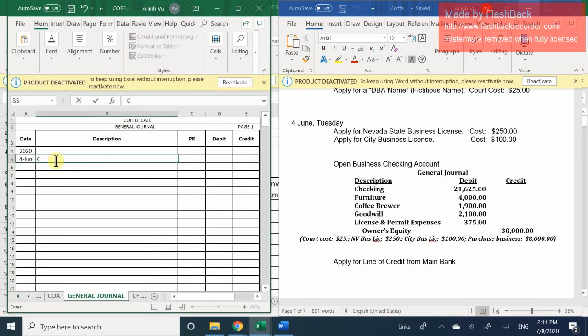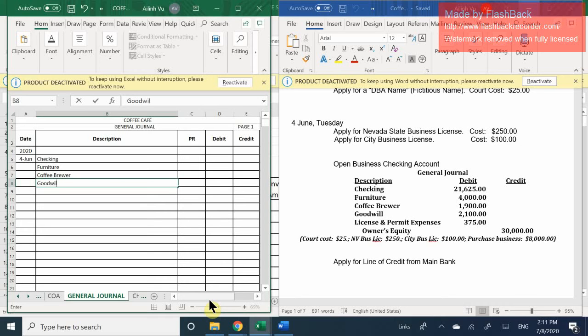We need to have a checking account. Okay. We need to also have a furniture account. We also need to have the coffee brewer account. Goodwill.